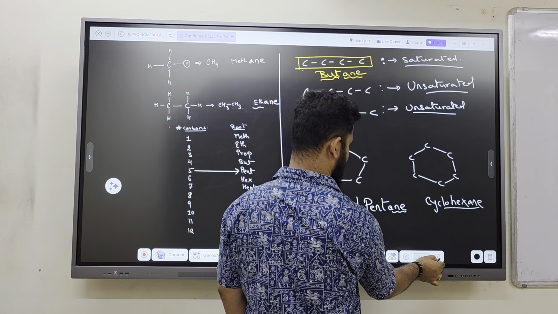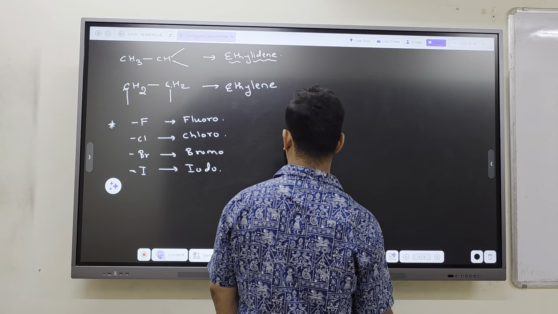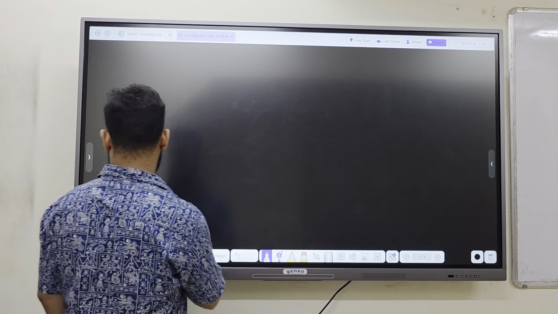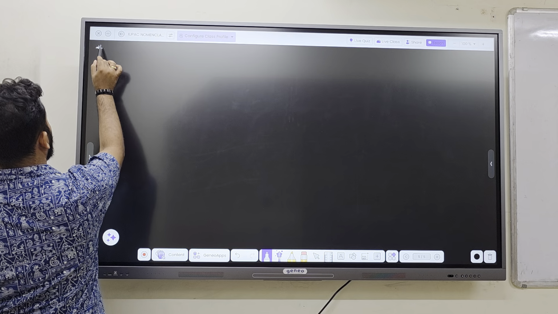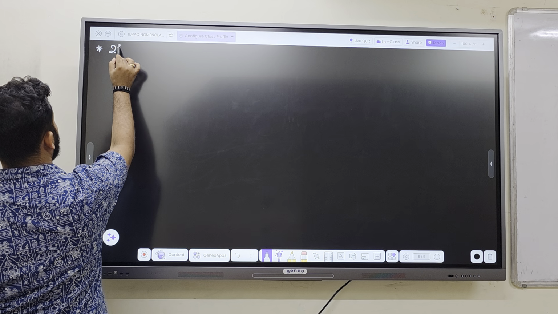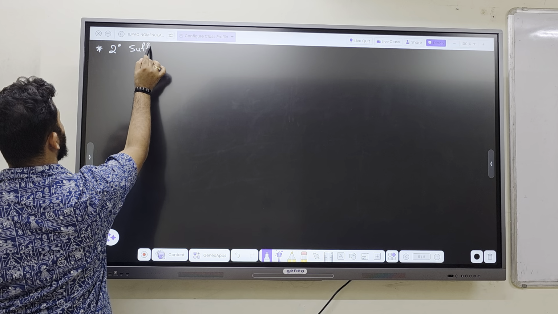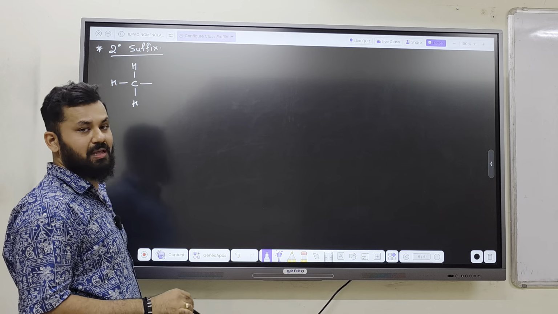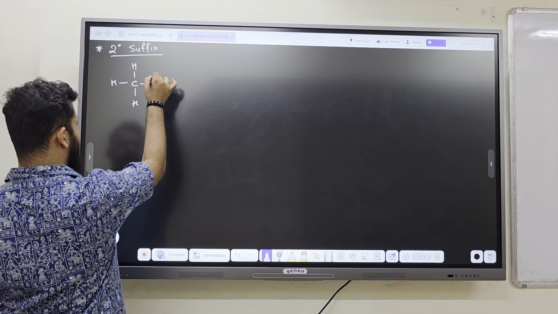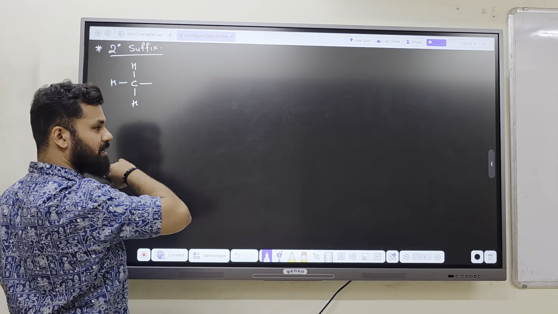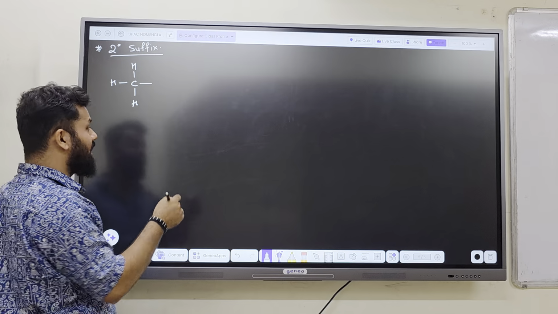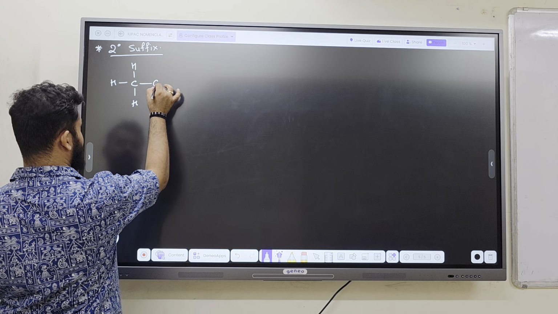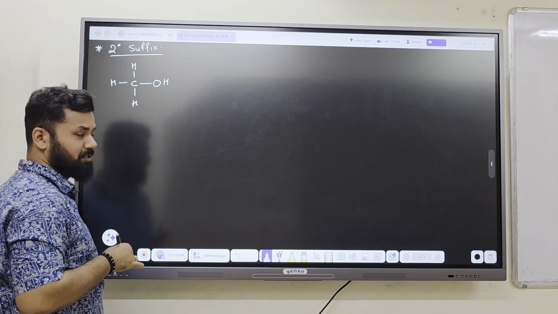Sir, what is a functional group? Let us check. The secondary suffix. Let us say that I was having methane, so I had 4 hydrogens, and the 4th hydrogen which was present over here, I replaced it with something other than hydrogen or carbon. Like for example, I replaced it with oxygen and hydrogen.